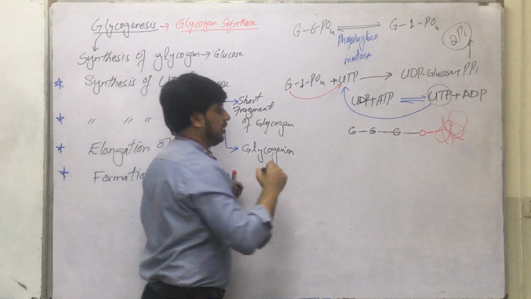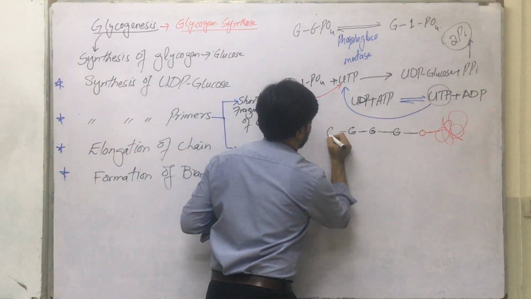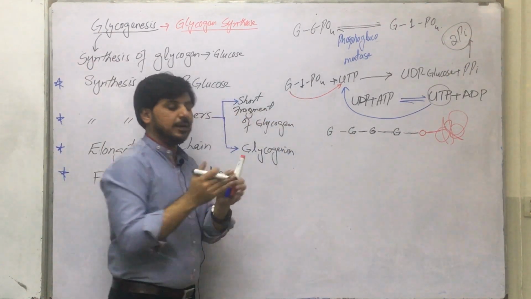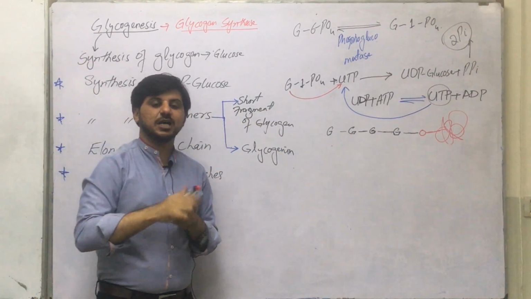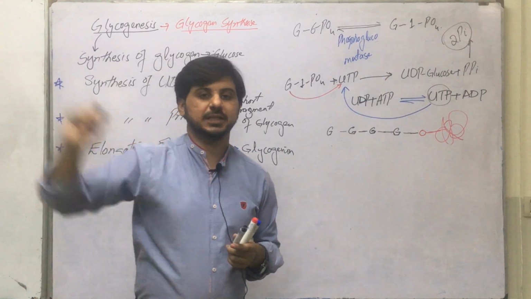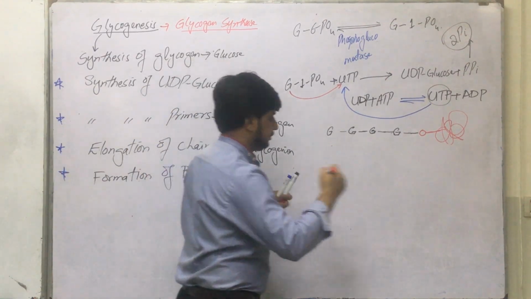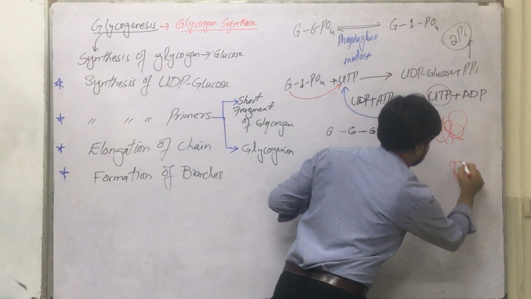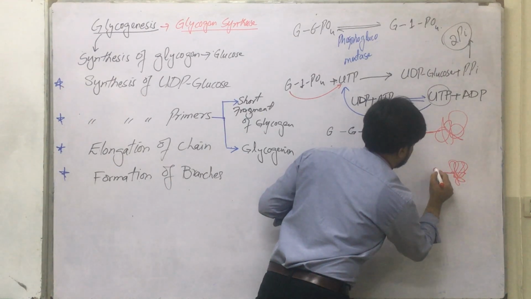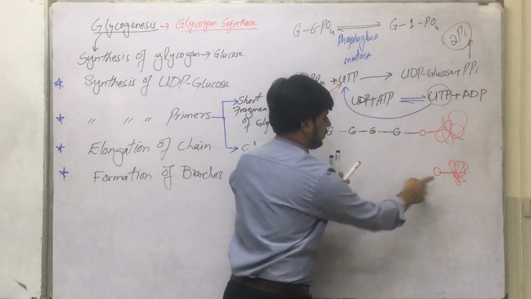Again this process is repeated, and there will come a point when we will have a short fragment of glucose molecules like this. This is the oxygen.